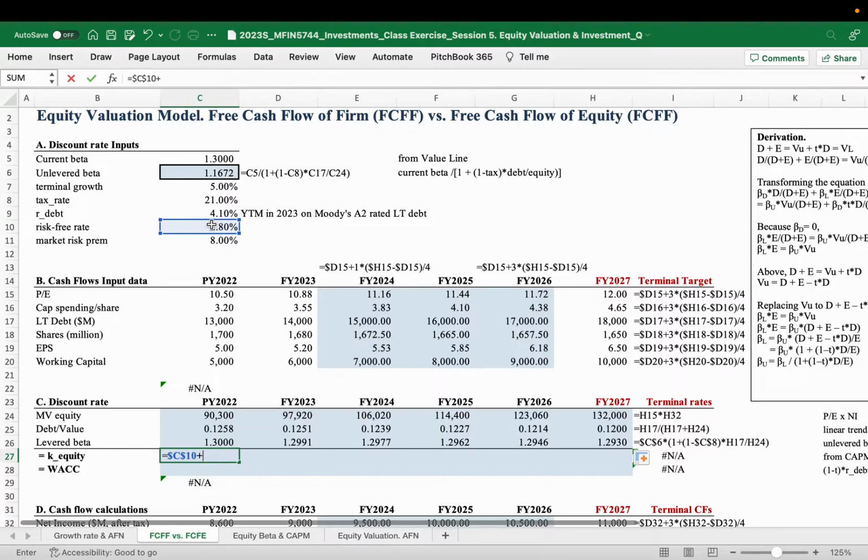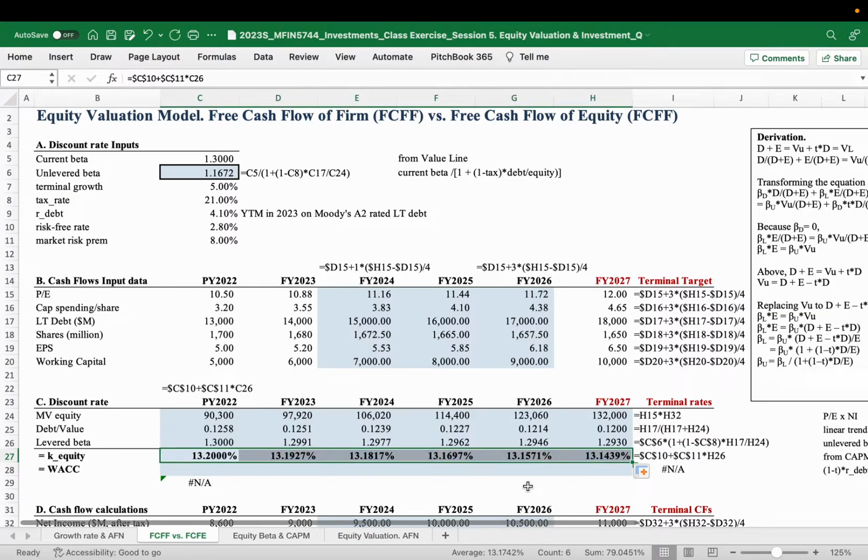Yes, we need to get the market risk premium, which is the expected rate of return minus the risk-free rate. And then we can just fix this times now levered beta, so that we can get this cost of equity. Now let's drag to the right. So we have the cost of equity.